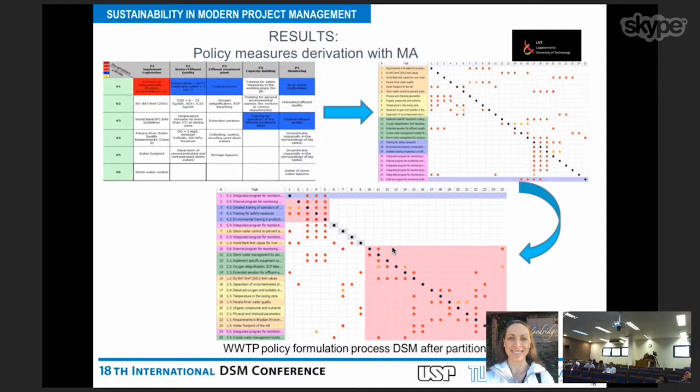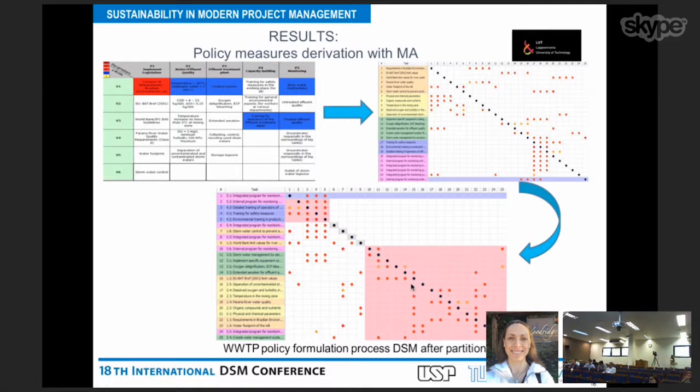And in this case, we have seen that in these clusters, we have just roughly identified two blocks in this design structure matrix.